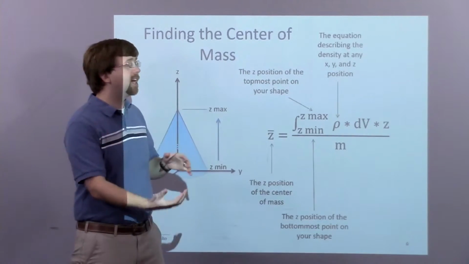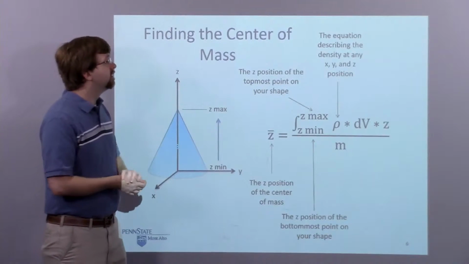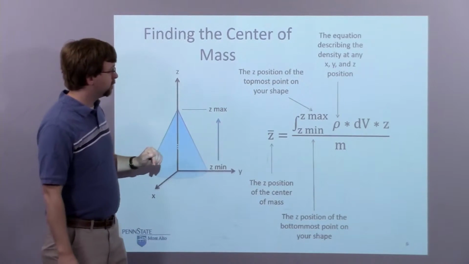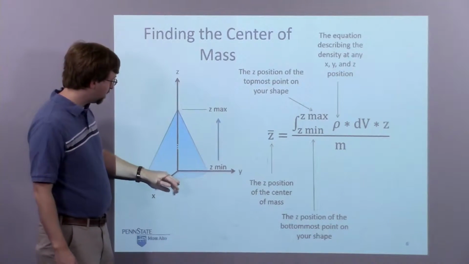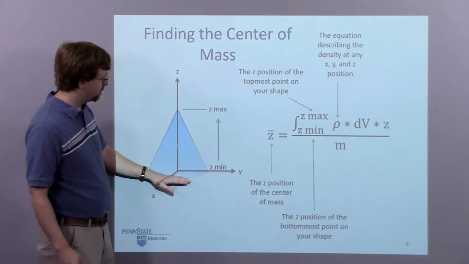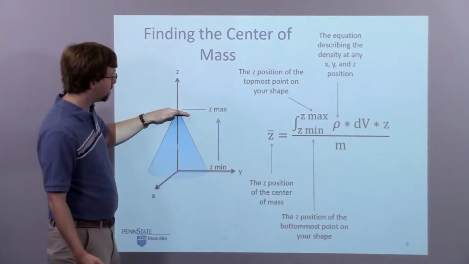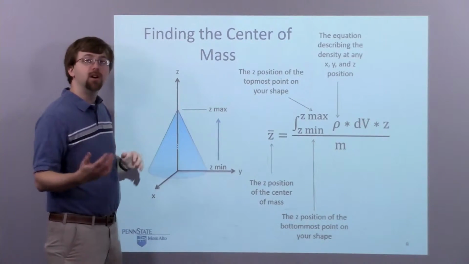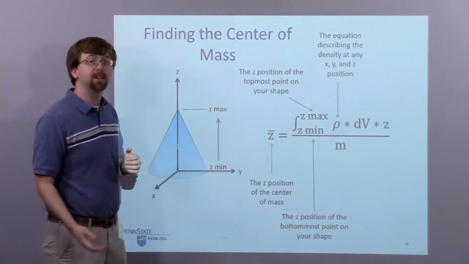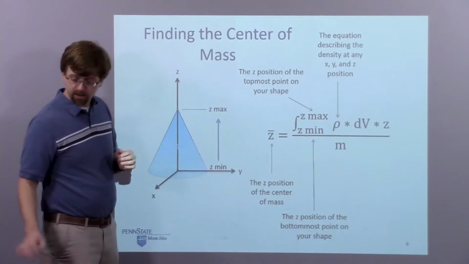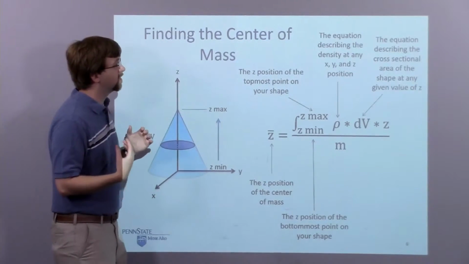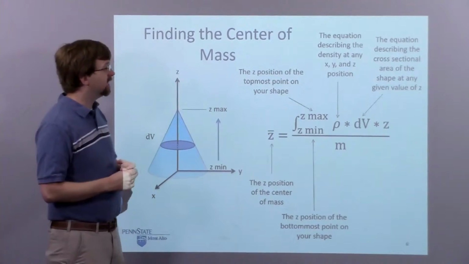That's going to get multiplied by the equation describing the density at any x, y, or z position. So I need to figure out, the density at z minimum is such and such, the density at the top is such and such, and I've got a linear relationship between the two. So I'd write out the equation describing the density at any value of z. I'd multiply that by the equation describing the cross-sectional area at any given value of z.